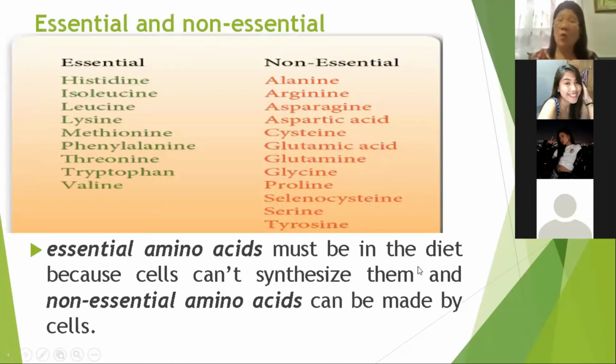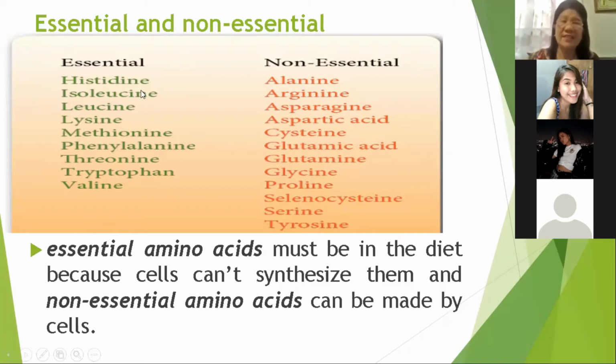Okay. So, ma'am, amino acids are classified into essential and non-essential. If it is non-essential, it is not important, ma'am? No. This concept is different from the way of thinking that we have. So, let us memorize first the essential amino acids.